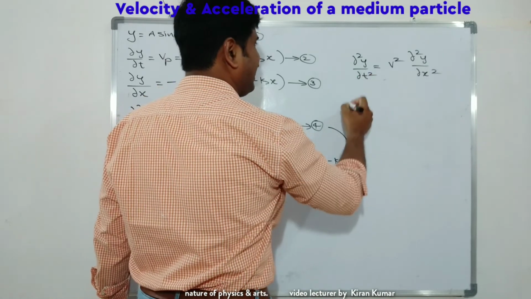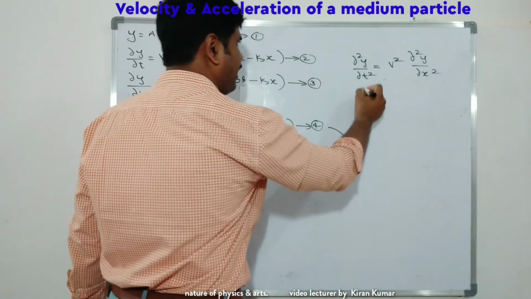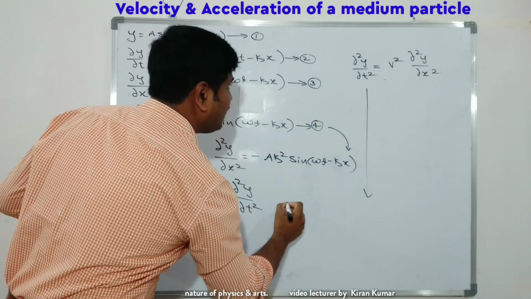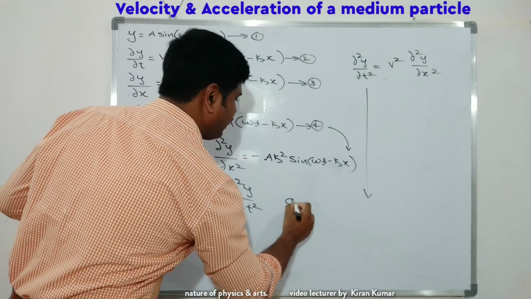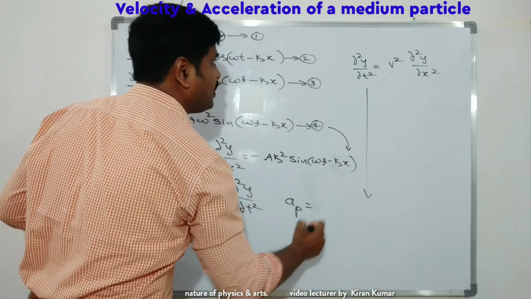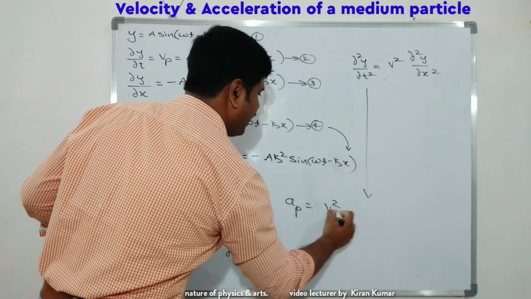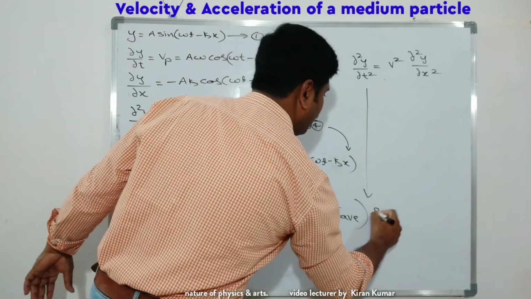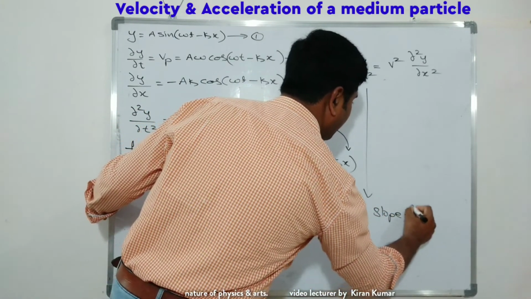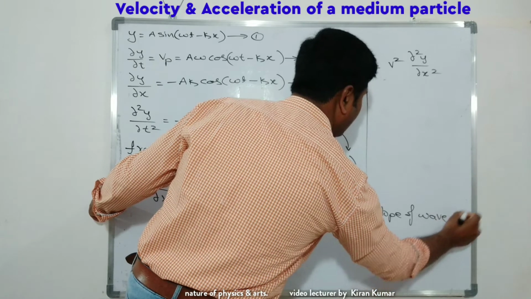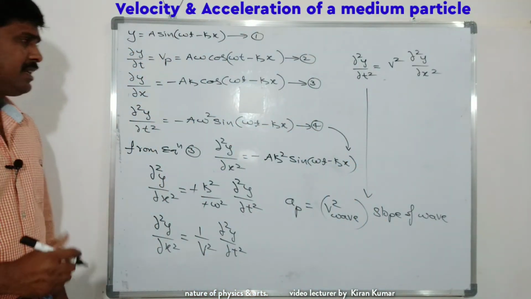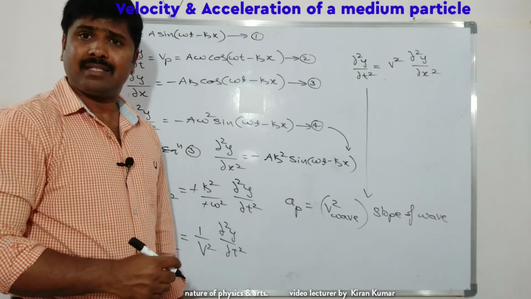So this equation says that the acceleration of the particle is equal to the square of the wave velocity into the slope of the wave. So this is the relation for the acceleration.